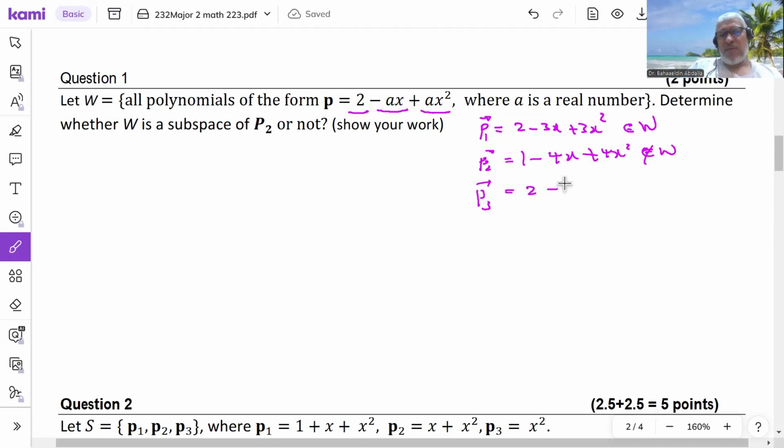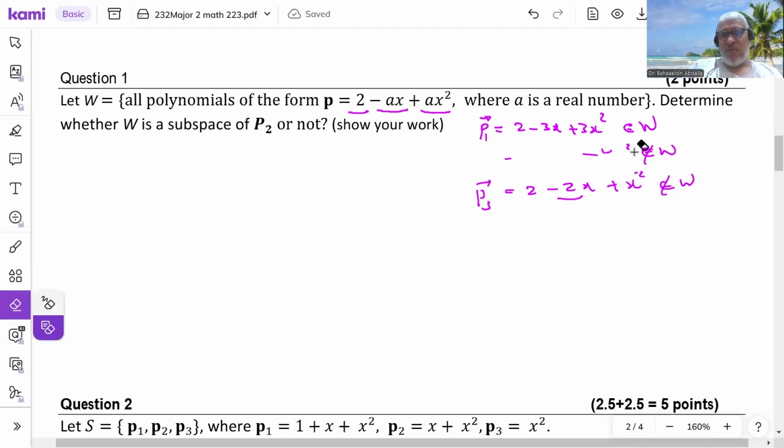And minus 2x plus x squared is not in W because the coefficient of x is negative 2, while the coefficient of x squared is 1. So we understand now the definition of W, the polynomials inside W.